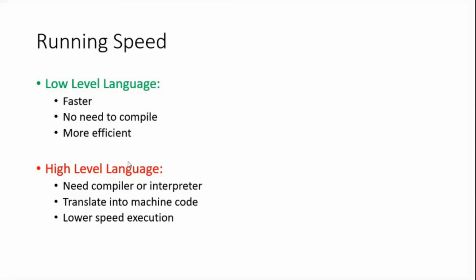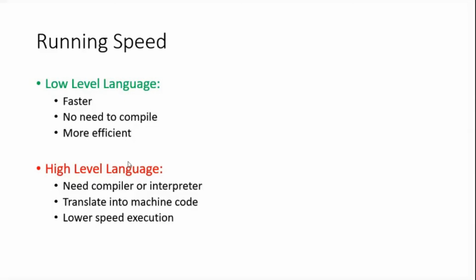Then the running speed. The low-level languages are faster because there is no compilation required. The computer directly understands the low-level language, so it is very fast. Obviously assembly language requires some sort of compilation, but if it is machine language, no compilation is required, and it is more efficient also.